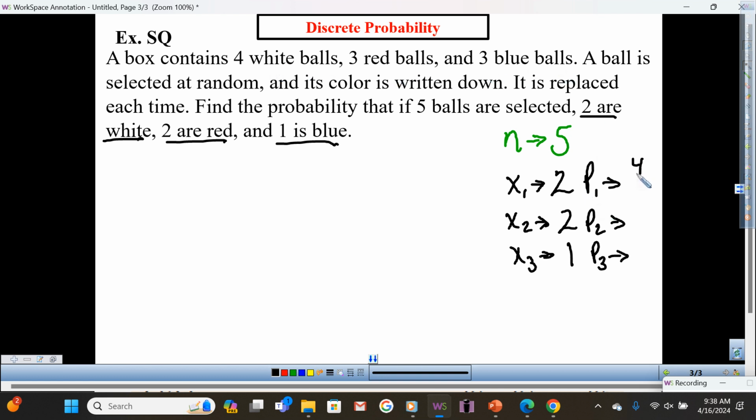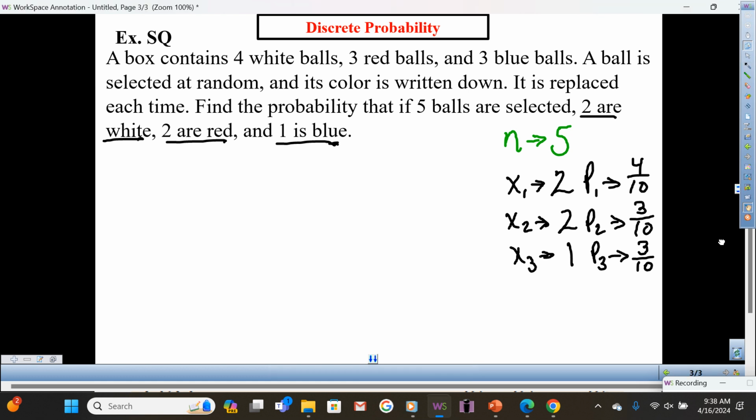That is correct. 4 out of 10. Because the original box contains how many? 4, 3, and 3. The next one was, let's use 2 red. So what corresponds to red? What would be the probability of red? 3 out of 10. That is correct. And the probability of blue, everyone? 3 out of 10. And the rest is history.